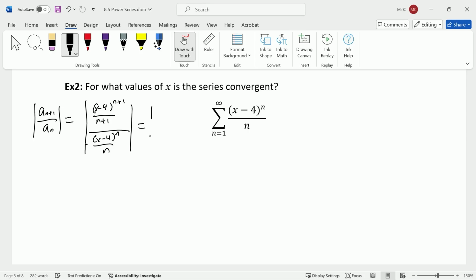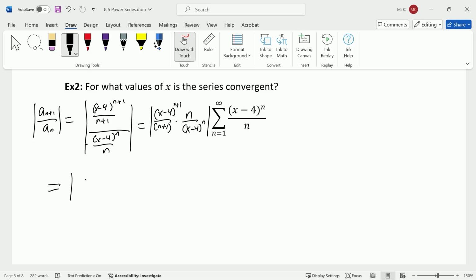That's the absolute value of x minus 4 to the n plus 1 power over n plus 1 times the reciprocal, n over x minus 4 to the nth power. And now we'll simplify that a little bit.